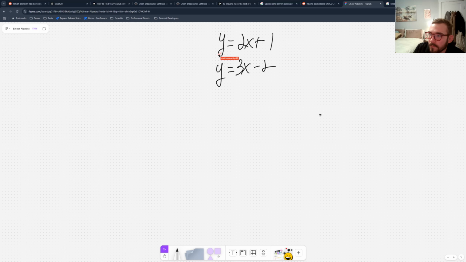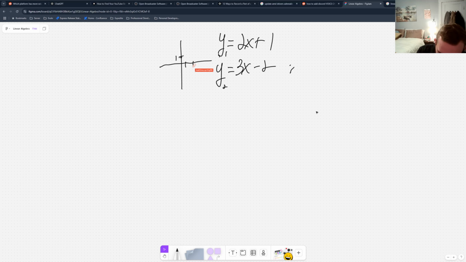Well, I think an easy place to start is where the y-intercept is going to be. So with the first one, if it's plus 1 at the end, there's going to be a point at 0, 1 on the graph. And then the 2x means you're going to be going essentially 2 to the right every time you go 1 up.